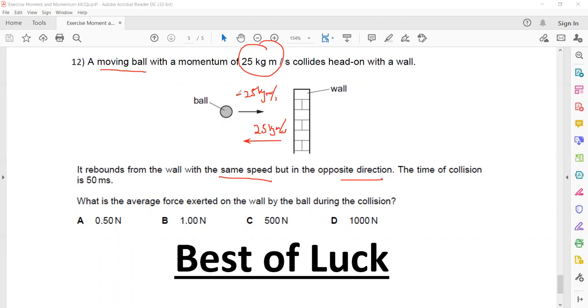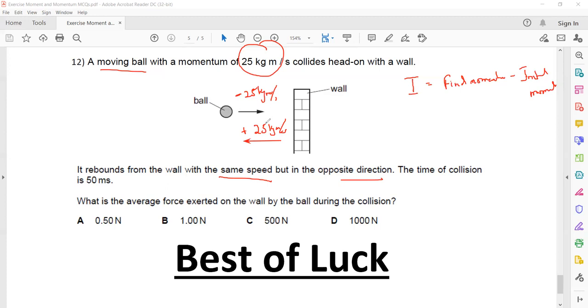So if one of the momentum is negative, the other one will be positive, because momentum is a vector quantity. As the direction changes, if one of the values you took as negative, the other one will be positive. So we need the force. First we will find the impulse, which is equal to the final momentum minus the initial momentum.